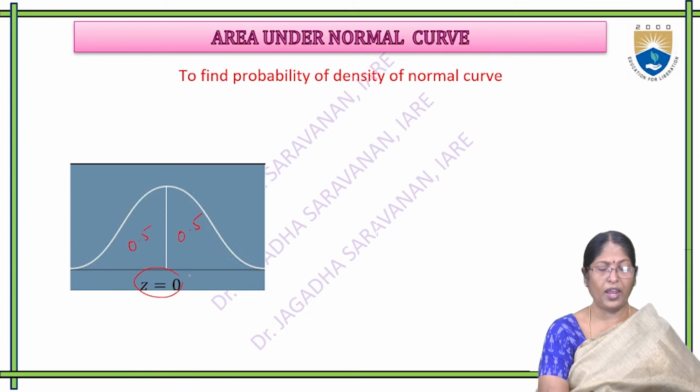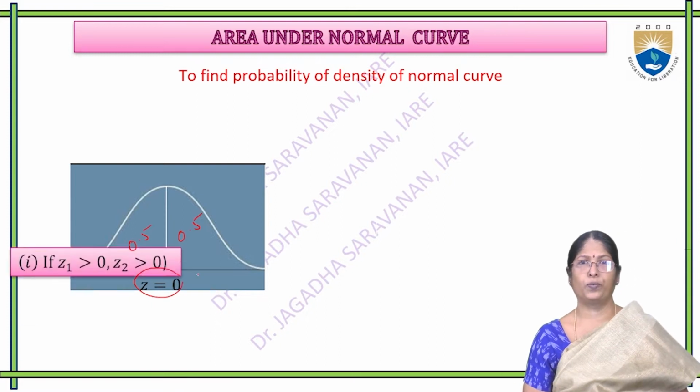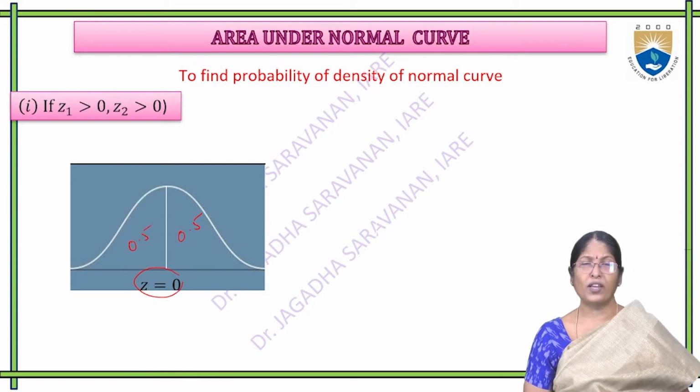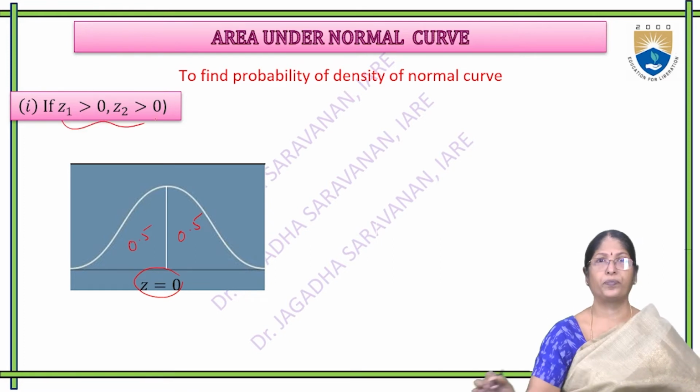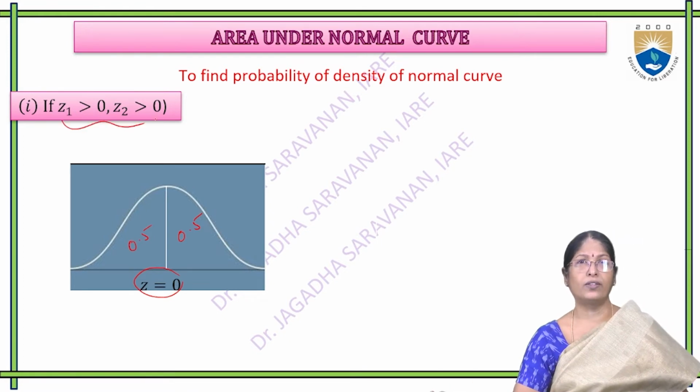Here z equal to 0. What is the question? The condition is z1 greater than 0, z2 greater than 0. Two points are here, z1 and z2. They are positive.